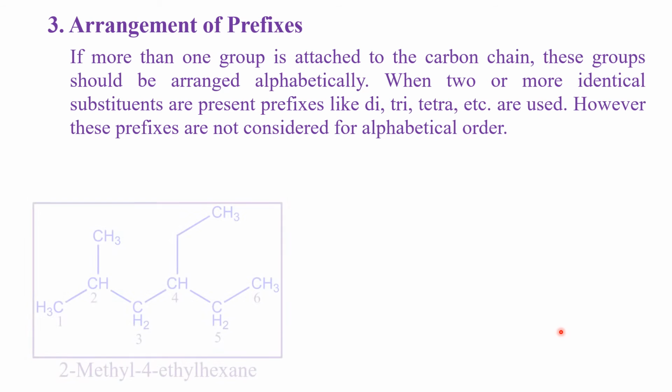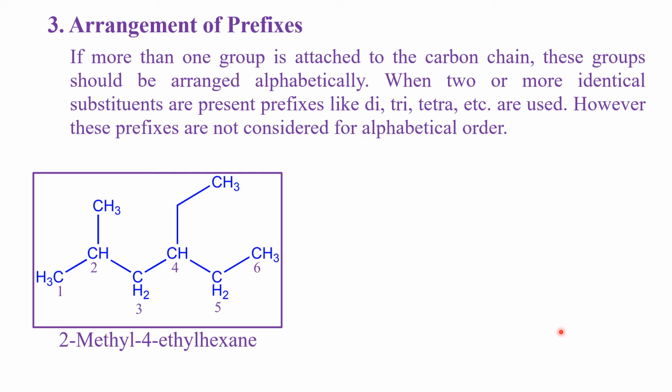Let us see how. So here in this workout, where the numbering was started from left and proceeded towards right, there are 6 carbons in the longest possible chain, and at the second position there is a methyl substituent, at the fourth position there is an ethyl substituent.